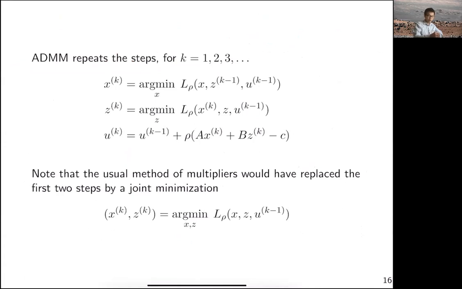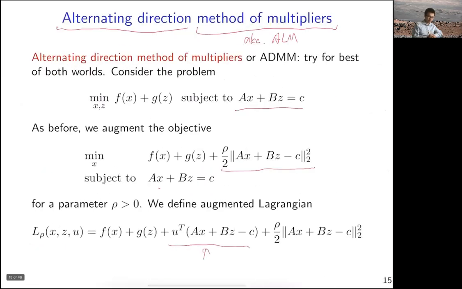The first step is to take the augmented Lagrangian and minimize it over the parameter x. The second step is to fix this new x, substitute it into the augmented Lagrangian, and solve the argmin over the second group of parameters z. Once you get z, you substitute both x_k and z_k into L and derive the gradient. Notice that this is the only term that involves u.